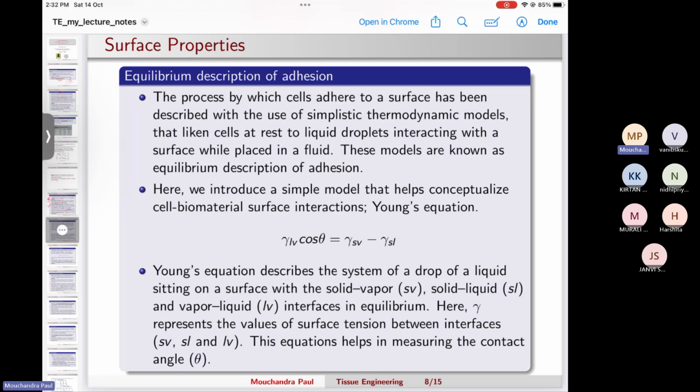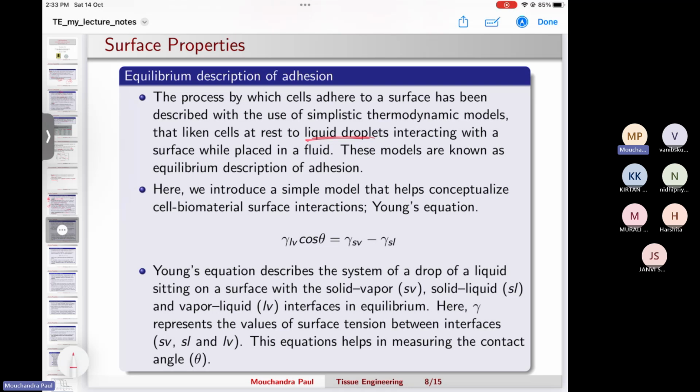People have taken a few thermodynamic models, modified them, and applied them in this scenario to explain how cells adhere on a surface. One such thermodynamic model compares liquid droplets to cells.